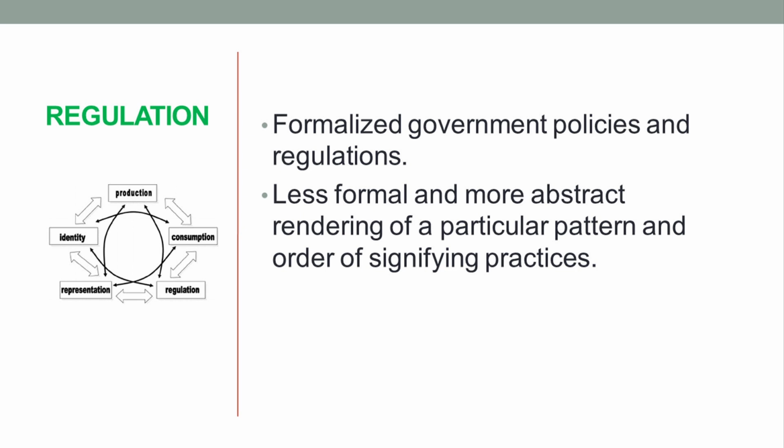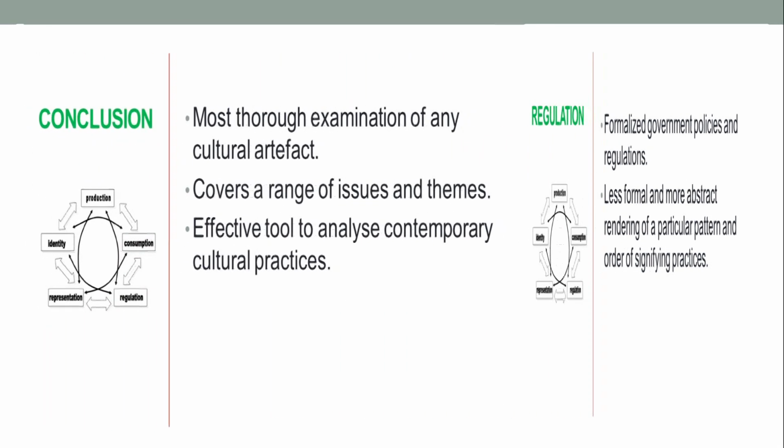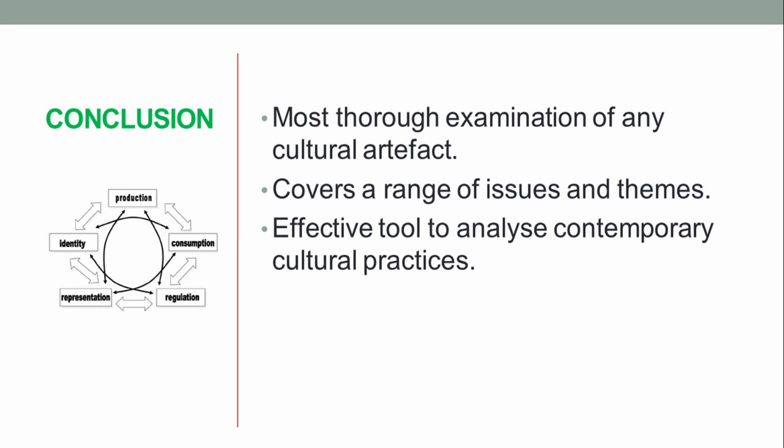All these questions together constitute the term circuit of culture. Let us conclude that the circuit of culture is a cyclic process. All the five elements work together to produce meaning.